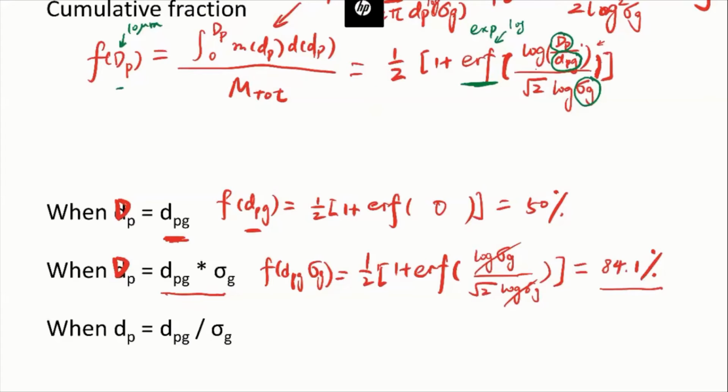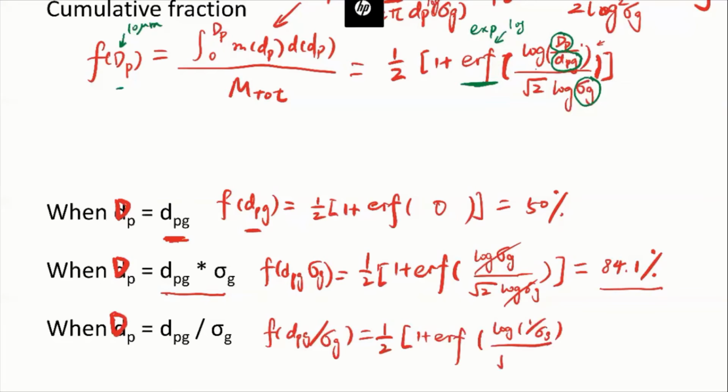Similarly, if the particle size that we're interested in is equal to dpg divided by sigma g, we can do a similar thing. So dpg divided by sigma g gives 1/2 times 1 plus the error function of log(1/sigma g).